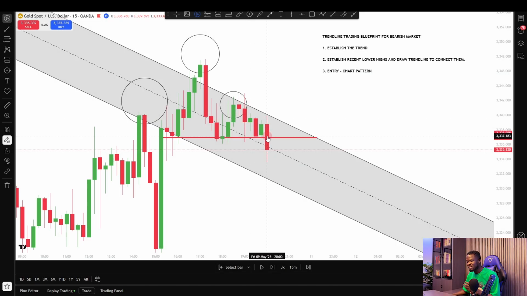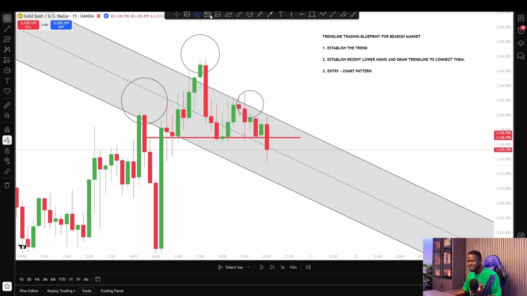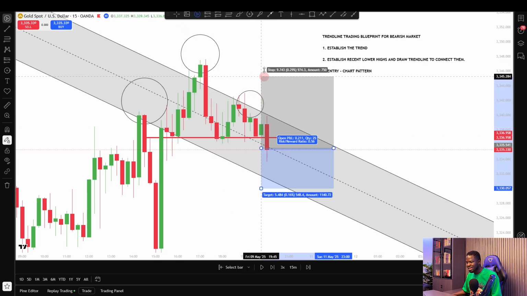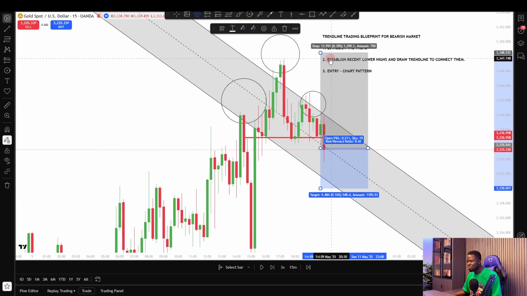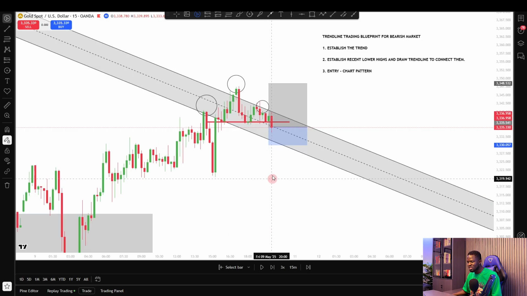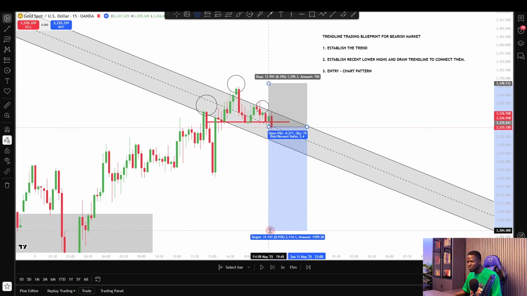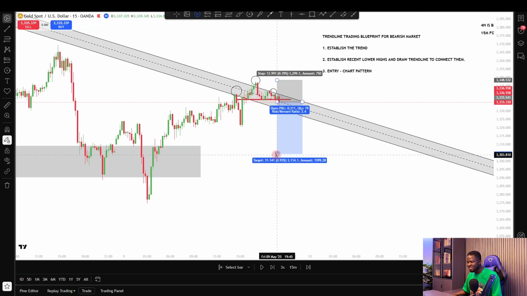Now we have the bearish candlestick that invalidates the neckline of the head and shoulders, right? So let's use our short position tool to execute this trade. We are positioning our stop loss above the head of the head and shoulders pattern, then we target twice or the next support key level around this zone here.